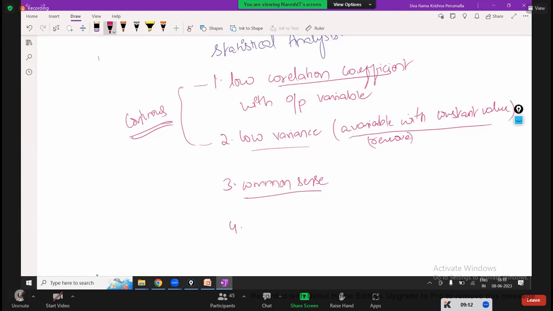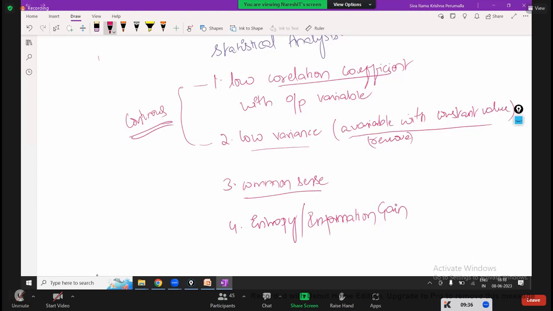For discrete variables, we can calculate the entropy or information gain of each column. Based on that, whichever column has low information gain, remove that one.